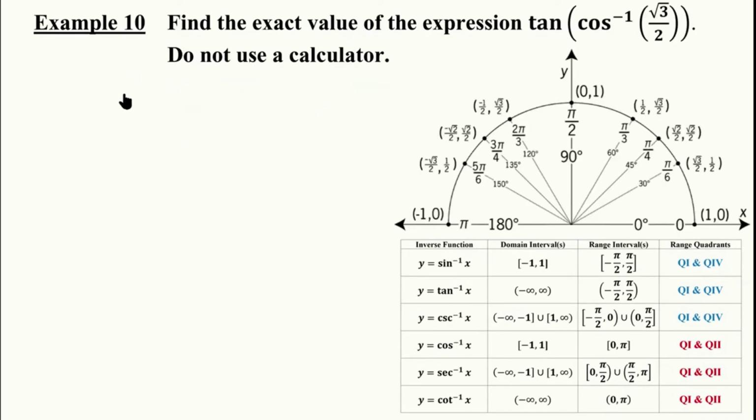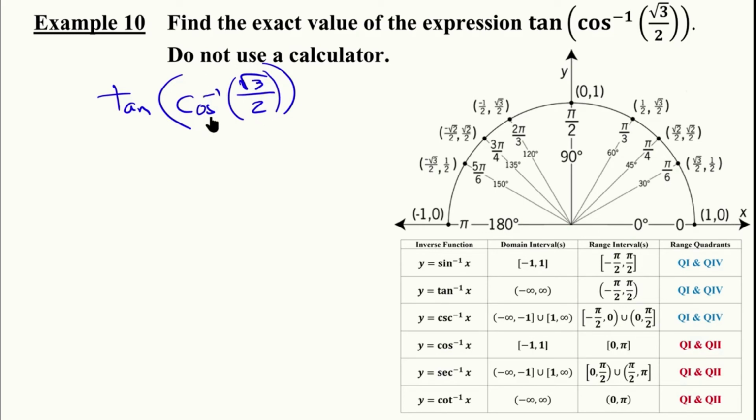All right, so here we have a compound operation, or more of a composition of two functions. So we have the tangent of the inverse cosine of square root of 3 over 2. So this is where you apply one function and that output becomes the input of another. This is called functional composition. All right, so here we take care of the innermost part first.